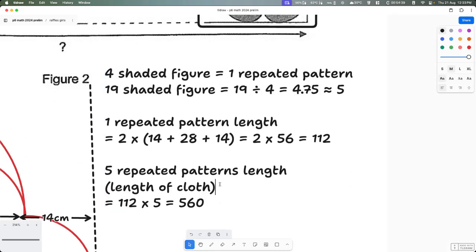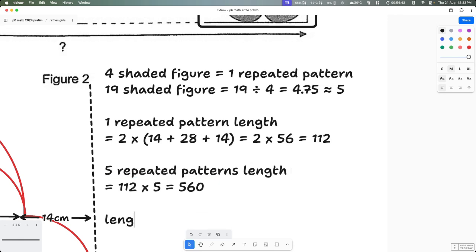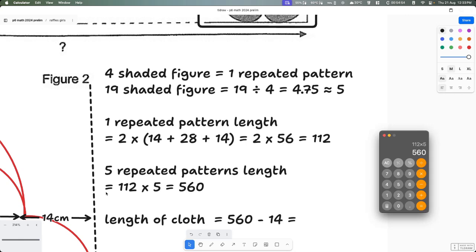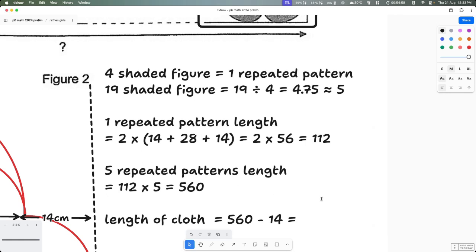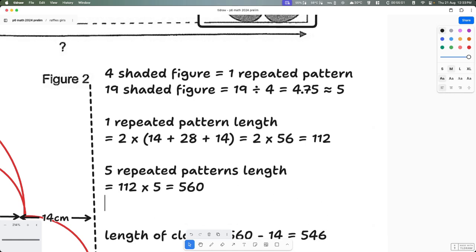So the length of cloth is not this. The length of cloth is equal to 560 minus 14, which is 546.